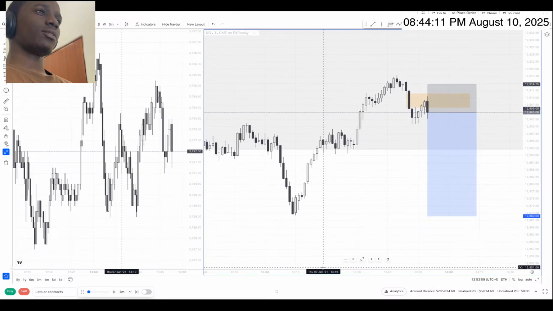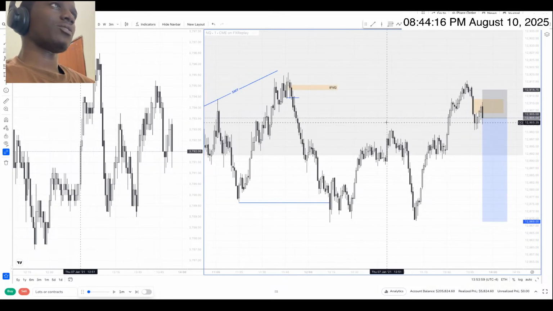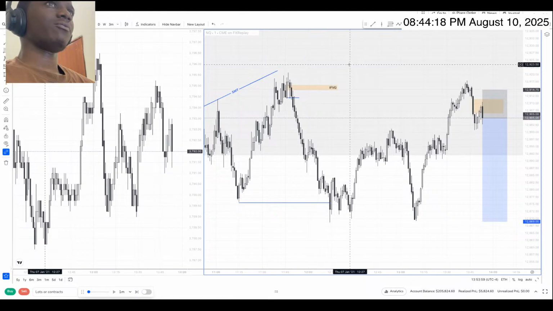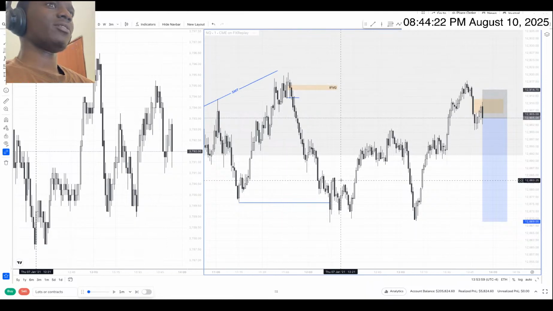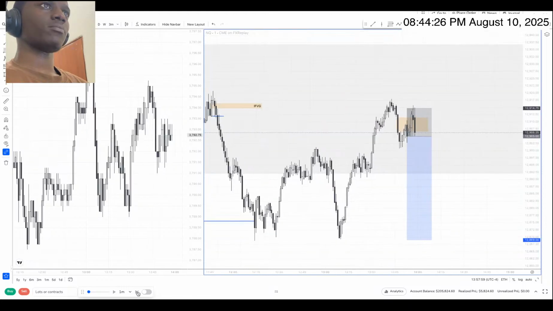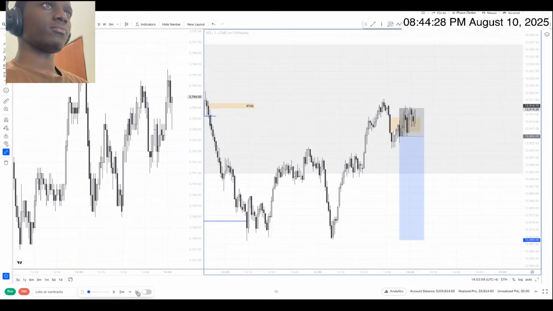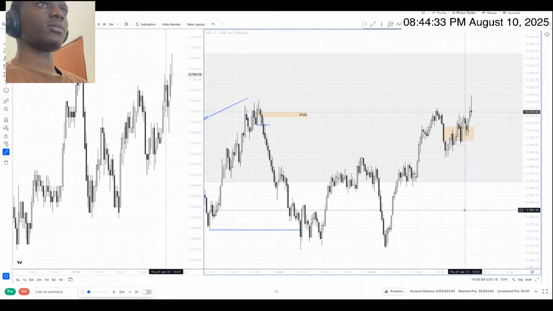The reason I'm not taking this one here is we don't have a clear sweep, and here we have equal highs, which means there's liquidity resting above there. So let's see what the PM session is to do. And see, it ends up becoming a sweep up.